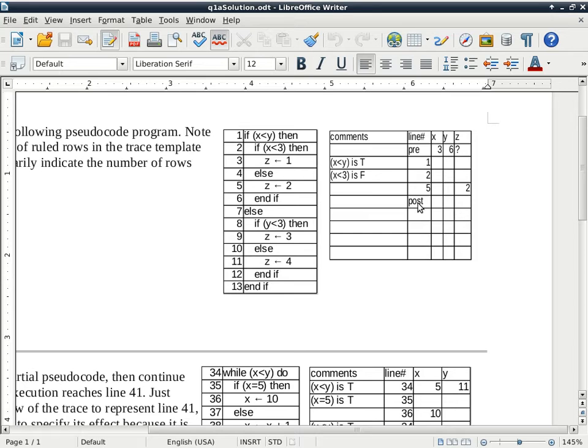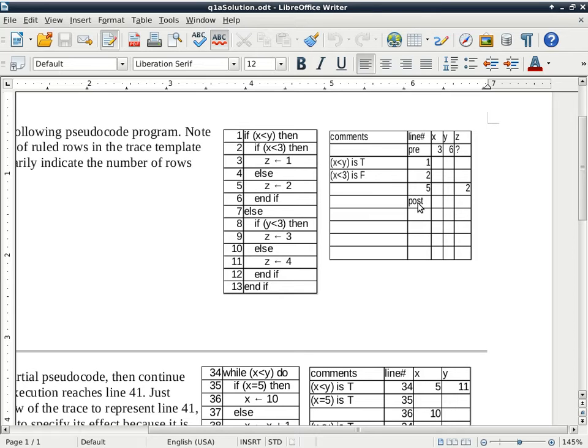Okay, so this is a conditional statement. Let's say this is the outer conditional statement, which is line 1, line 7, and line 13. The shape of a conditional statement is always like this. Is that okay so far?